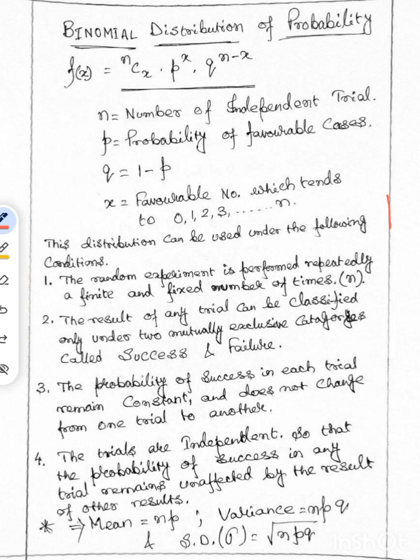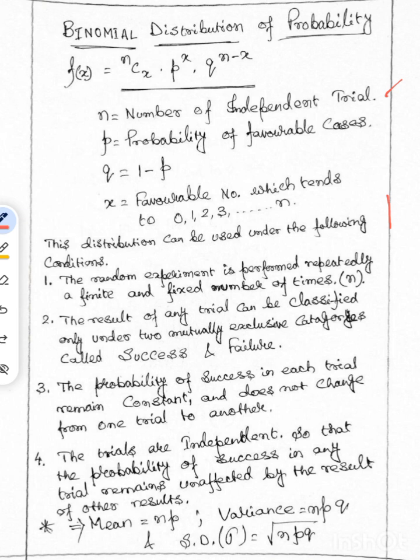Next, come to our formula. In binomial distribution, our formula is probability of x equal to n combination x into p to the power x into q to the power n minus x. Here n is the number of independent trials.